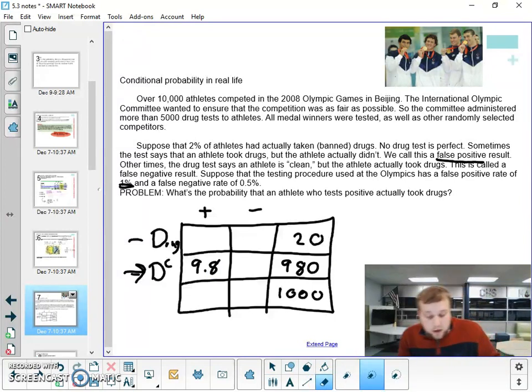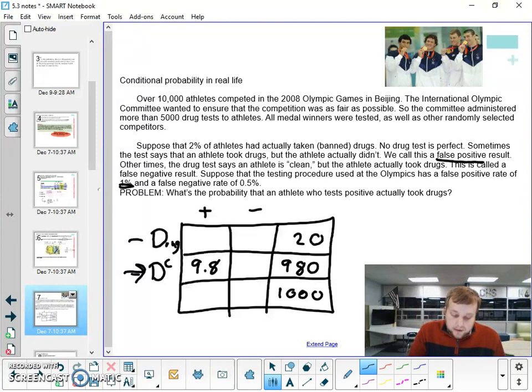Now it says 0.5% are false negatives, which basically means that it's these guys, right? They actually are druggies. Okay, and they don't get flagged at all. So 0.5%. So I'm going to type this in. I'm going to go 20 times 0.005.